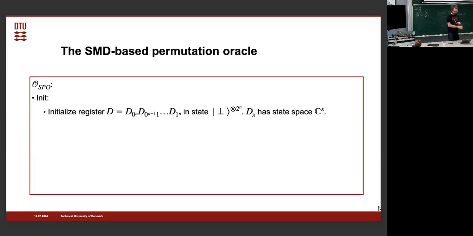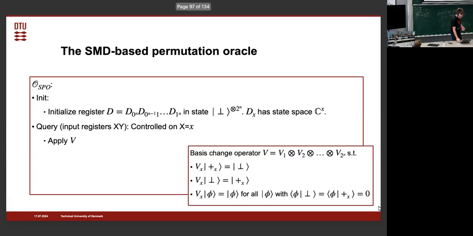But now not all of these registers are created equal, because the first one only needs to hold t1, which is always 1. But the last one needs to hold t2 to the n. Now basically, how do we answer queries? Controlled on the input being x, we apply v.